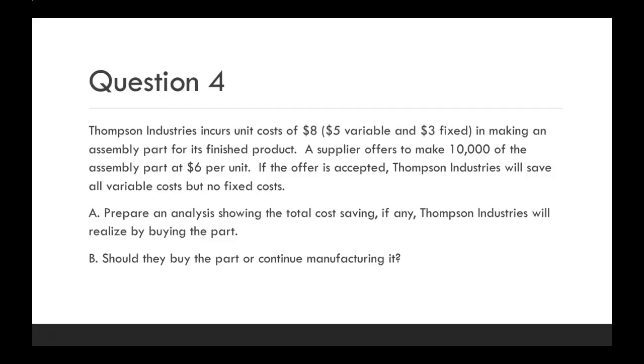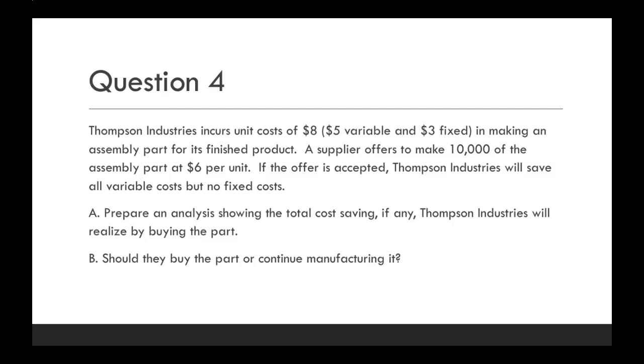If we accept that offer and buy from this supplier, Thompson Industries will save all variable costs, but no fixed costs. So we need to prepare an analysis showing the total cost saving, if there's any, that Thompson Industries would realize by buying the part.